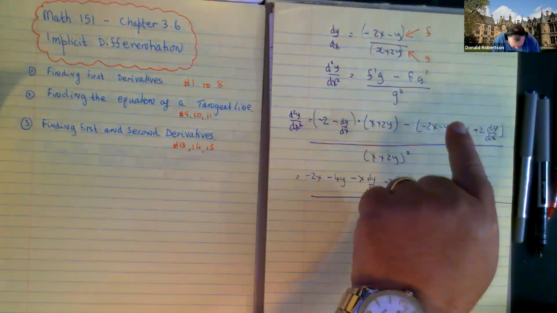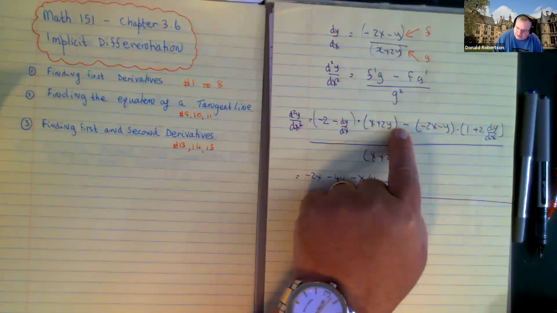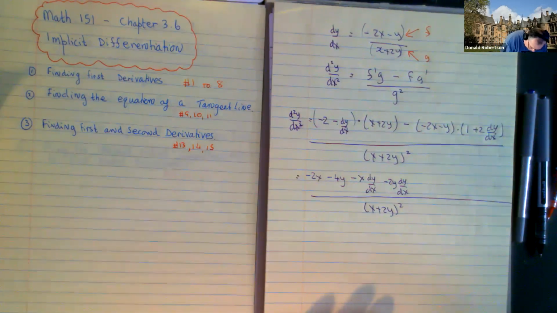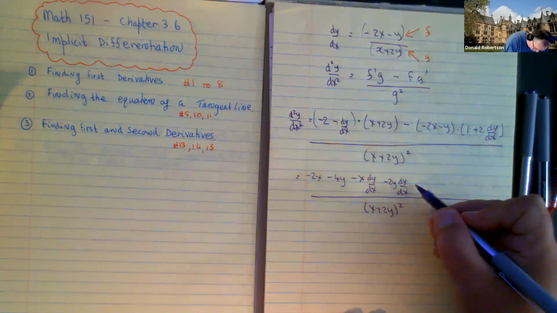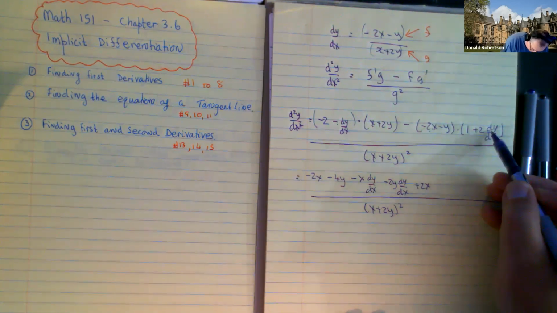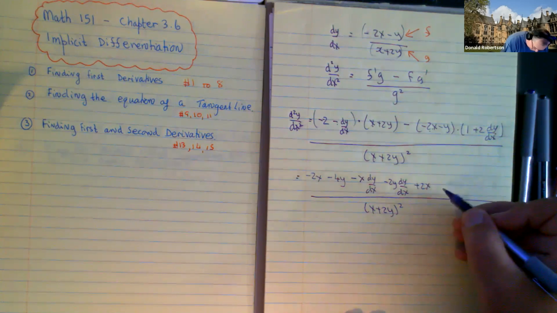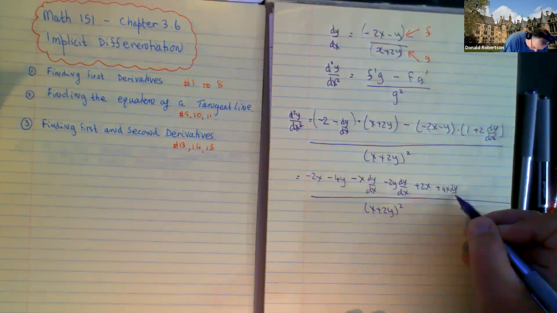Right, now I'm going to multiply this guy by this guy, and then I'm going to also have to factor in this negative. So watch me in case I screw up. -2x times 1 is -2x, then you take its negative, so it ends up positive. -2x times that guy is -4xy dy by dx, but then it's positive. So you get 4x dy by dx.